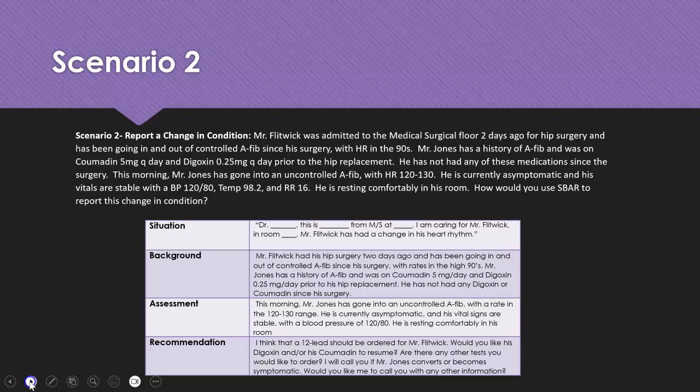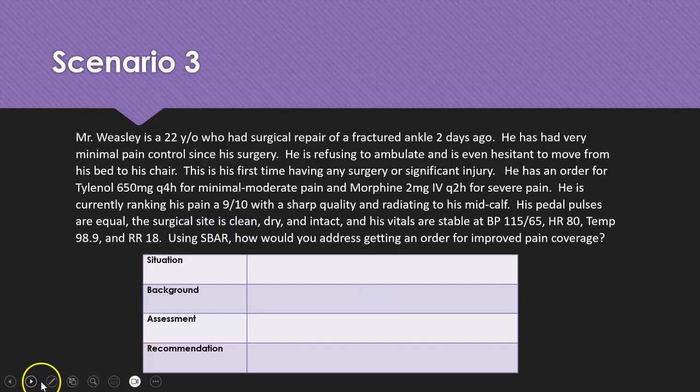Okay, so let's go on. Next scenario. I want to let you guys know that if I'm not mistaken, there's a total of like 5 scenarios that you need to work through.